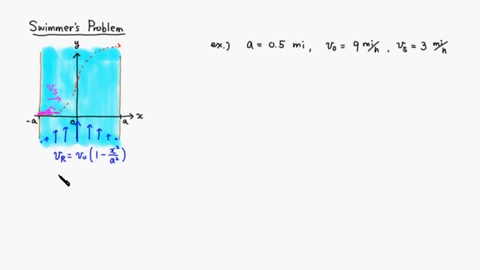So we can think of dx over dt as the velocity of the swimmer, v sub s. And if you're looking at just the current, this is the vertical component. So dy over dt is going to give you v sub r.